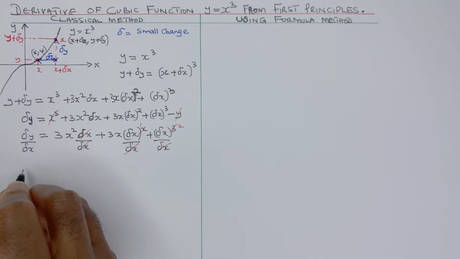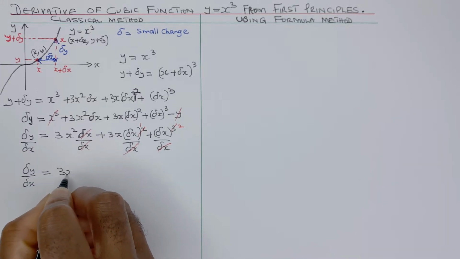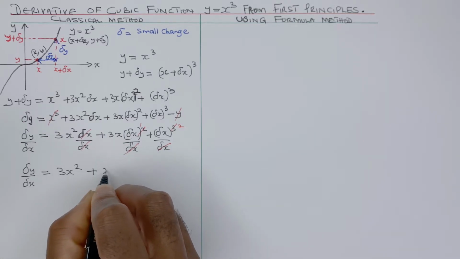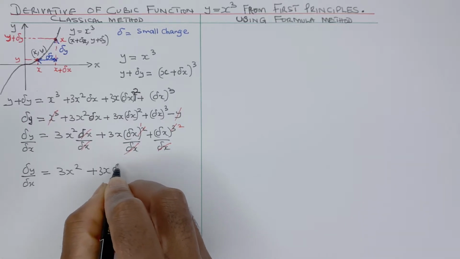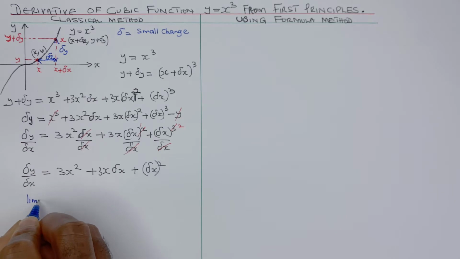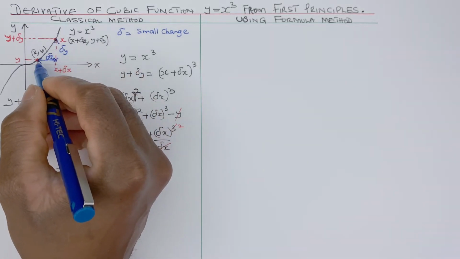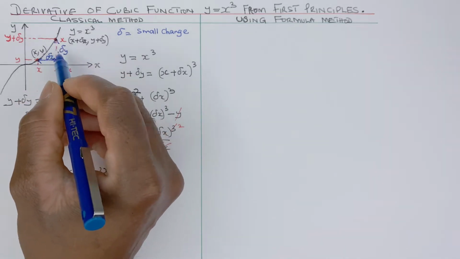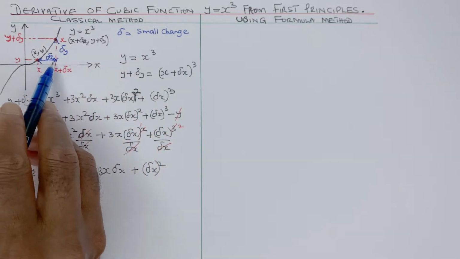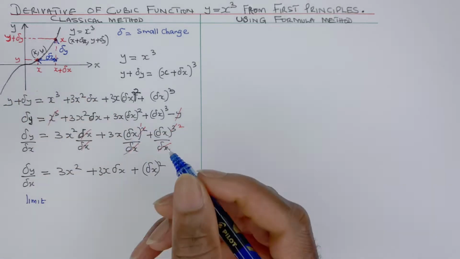So now, finally, we get delta y over delta x equals 3x squared plus 3x delta x plus delta x squared. In the limit, that means when we squeeze this point, we bring this point down close enough to x. That means we're decreasing delta x, making it as small as possible, very close to becoming a tangent.